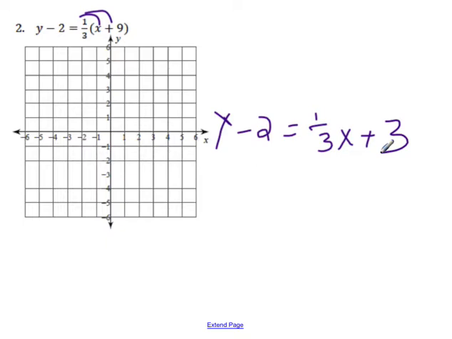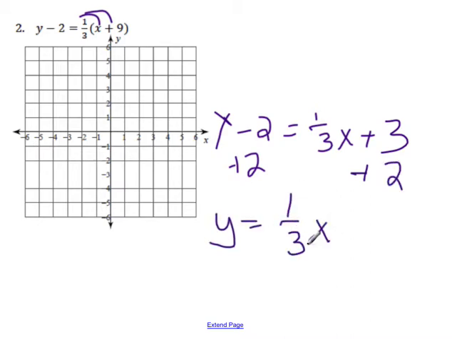Well, in order for something to be graphed, it has to be solved for y. Now this is given to us in point slope form, so I'm solving for y. The next thing I'm going to do is add 2 to both sides. So I get y is equal to 1/3 x, and then 3 plus 2 is going to give me 5. So I have y is equal to 1/3 x plus 5.